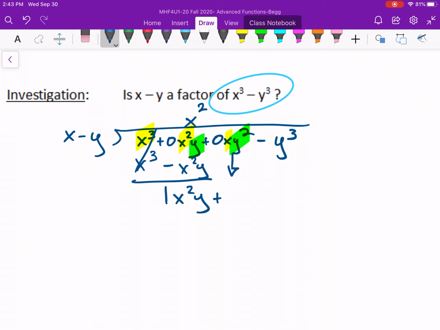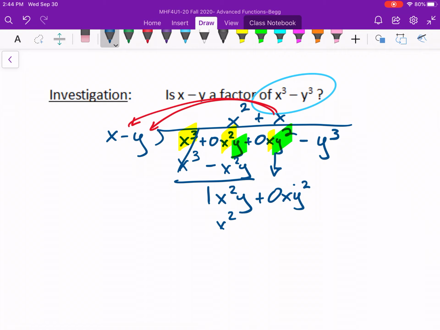This is a 1, by the way, it's assumed to be. 0x y squared. Do it again, and I get plus x. So x times each of these terms here will give me x squared, oops, sorry, not x.